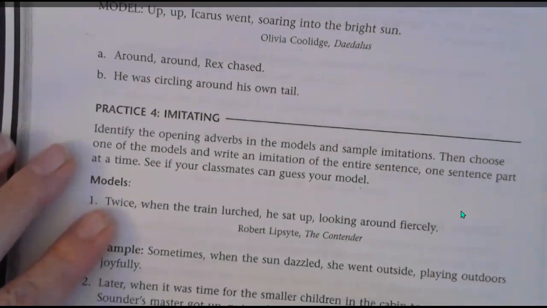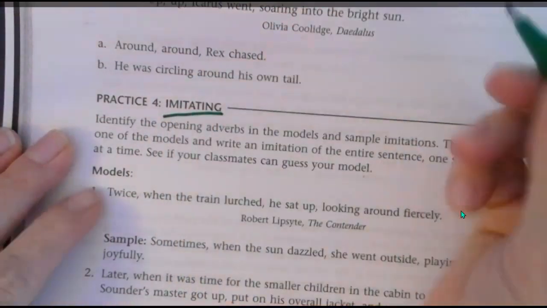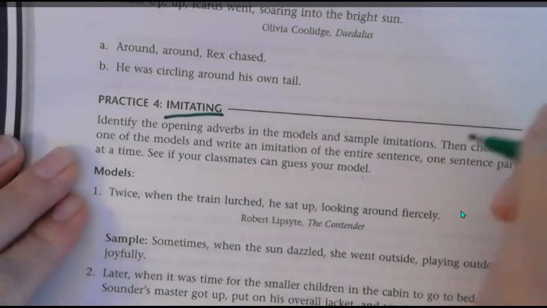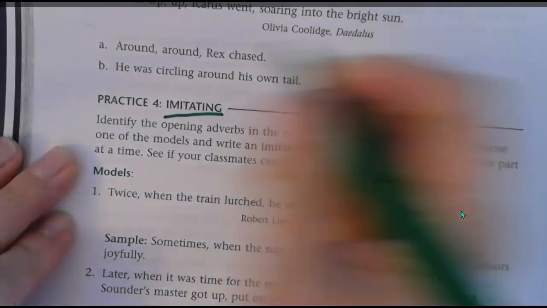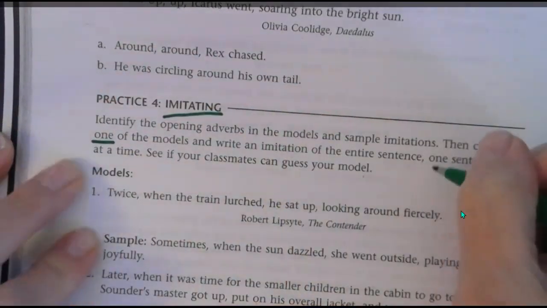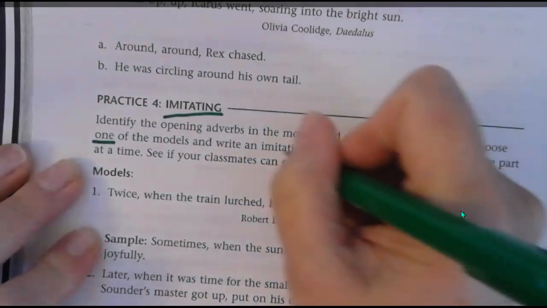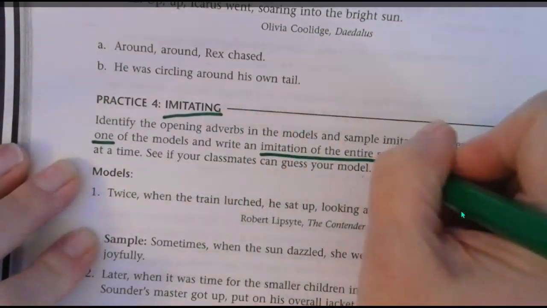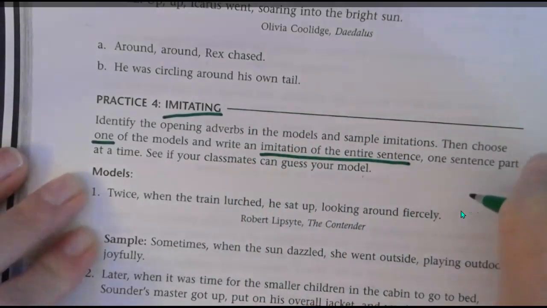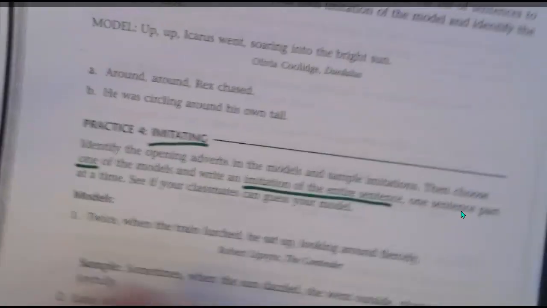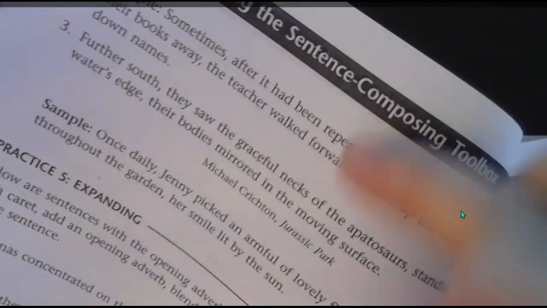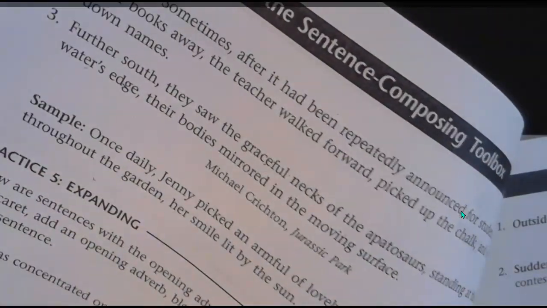Our next part is imitating. Identify the opening adverbs in the models and sample imitations. Then choose one of the models and write an imitation of the entire sentence, one sentence part at a time. See if your classmates can guess which model you used. So it's giving you a couple of models and a sample. 3 models, and you've got 3 samples.